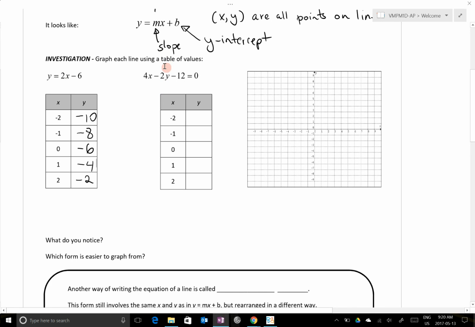Okay, so over here we have 4x minus 2y minus 12 equals 0. Okay, it doesn't look exactly the same as this one. What do we do? Well, let's substitute x equals -2, which is our first value of x here, and solve for y.